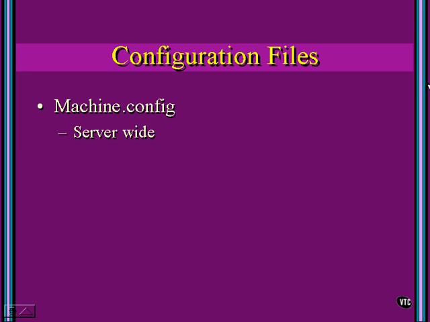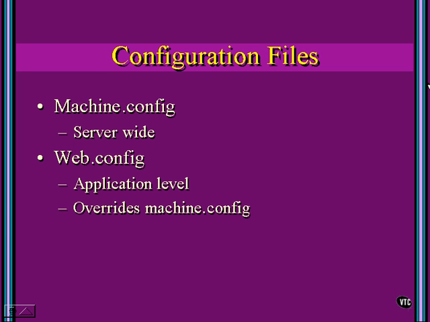Any change you make here will affect every web page or every web application or every website on that web server. Web.config is an application-level configuration. Now, there's one of these in the virtual root of every web application, and you can have multiples. Now, the web.config overrides the machine.config.